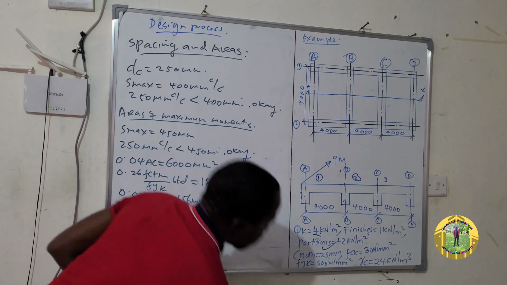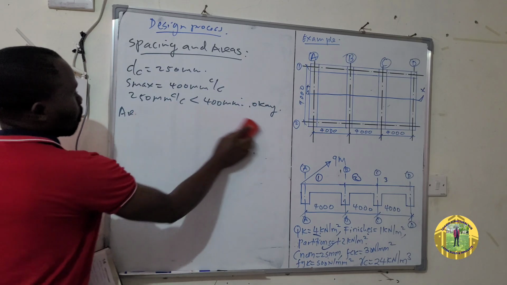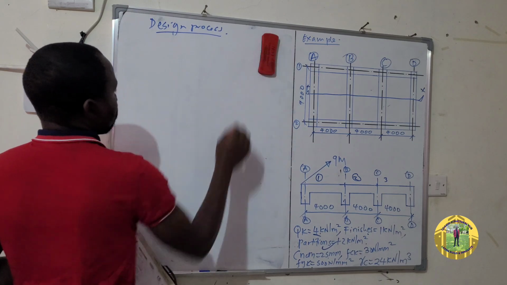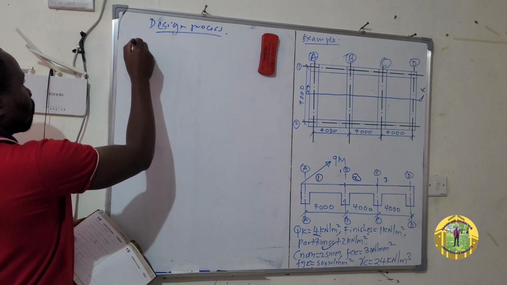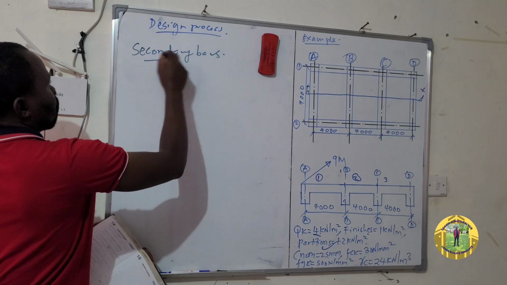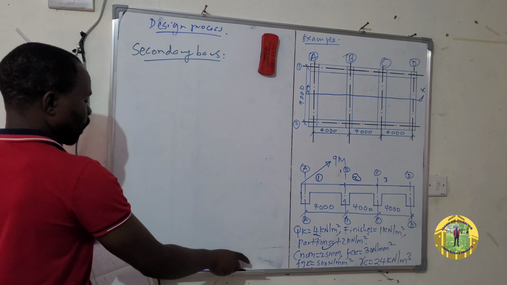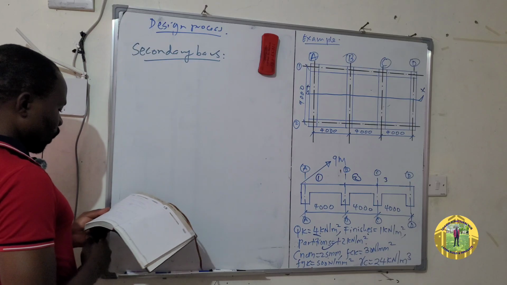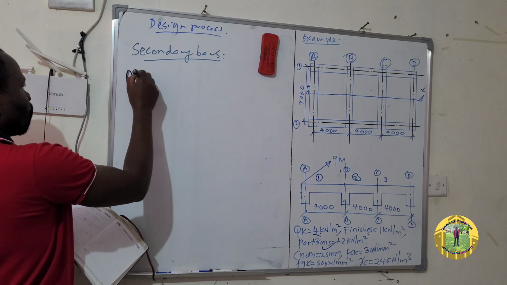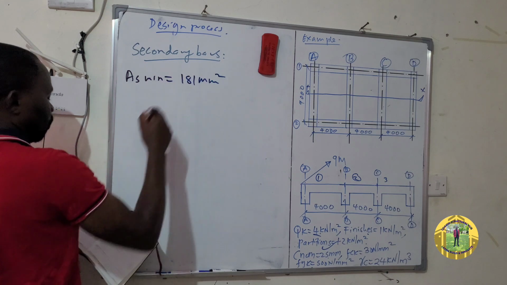So you'll allow me to clean here. So secondary bars. For secondary bars, we have said that we'll use the area of steel minimum, which is 181 millimeter square.